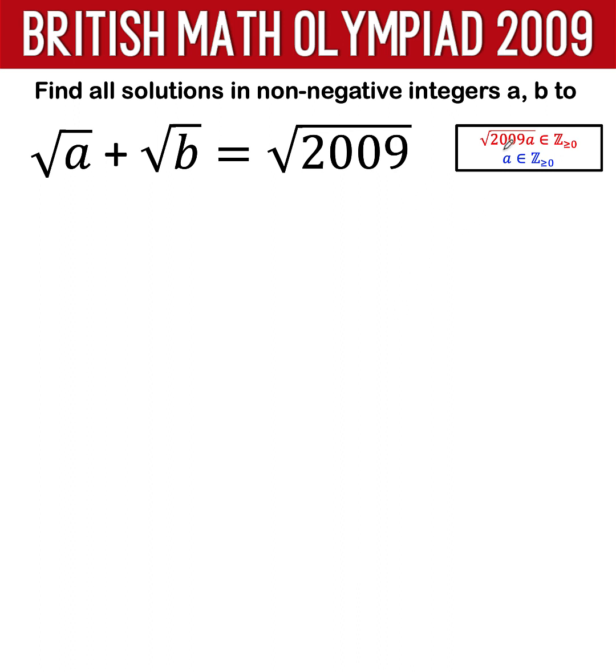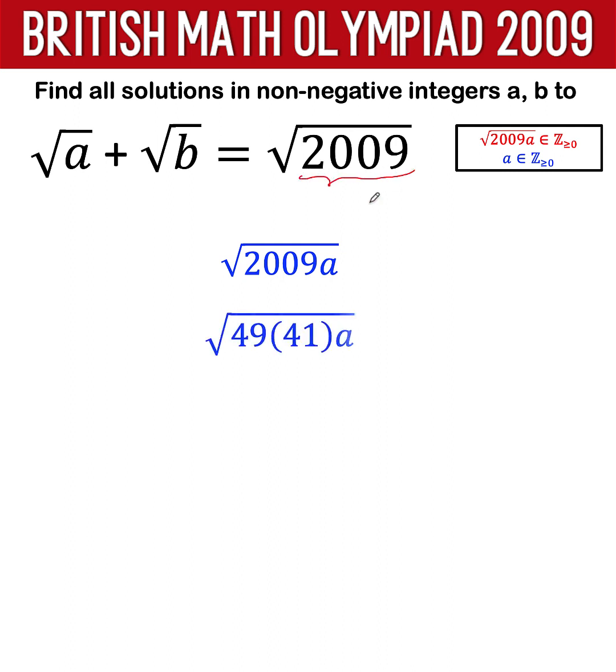Next, what can we say about the square root of 2009a? As mentioned in the beginning, we must be able to factor this 2009, and luckily, its factors are 49 times 41. And this 49 is a perfect square. Its square root is 7. So we have 7 times the square root of 41a.